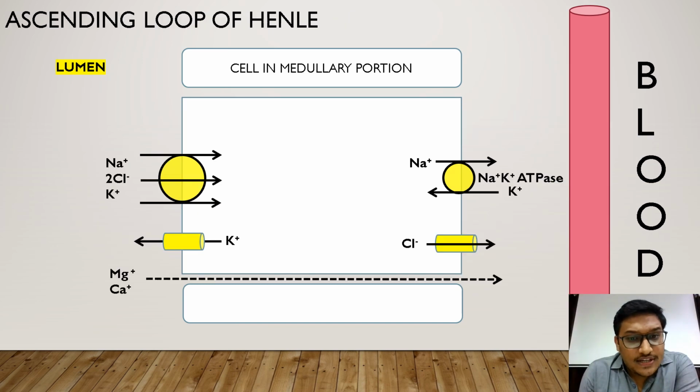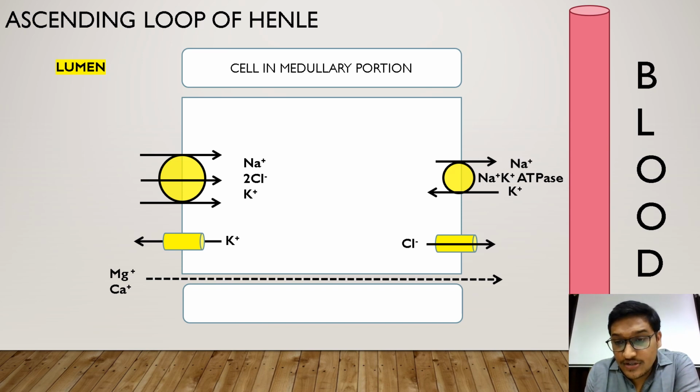Next, coming to the ascending loop of Henle, there is a sodium, potassium and chloride symporter. It transports 1 sodium, 1 potassium and 2 chloride into the cell. On the parallel side, there is a sodium potassium ATPase which pumps sodium and potassium, so sodium enters the blood and potassium enters the cell.